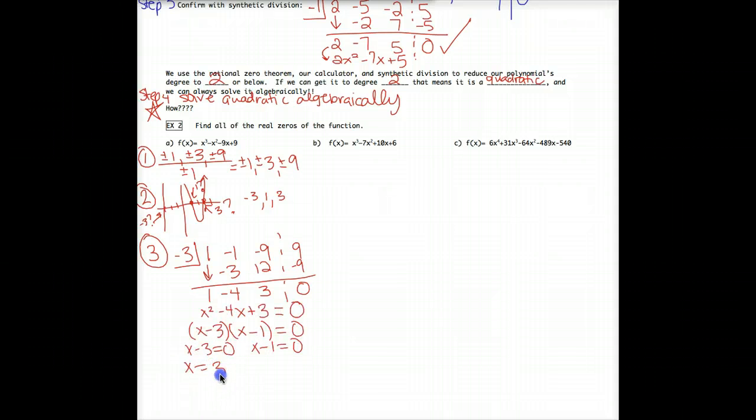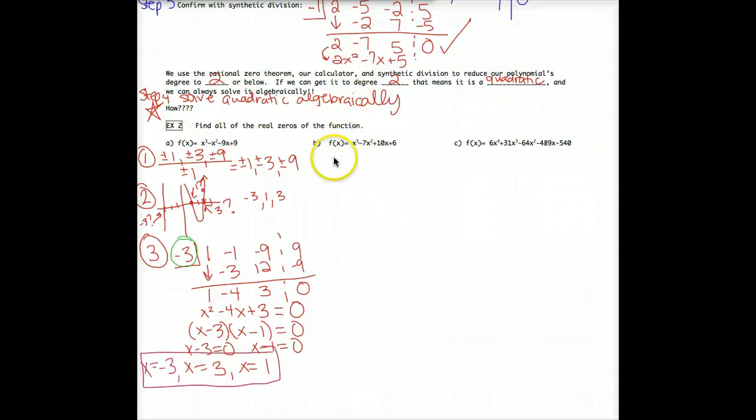So x equals 3 is a 0 and x equals 1 is a 0. When you write your final list, do not forget to write the one that you confirmed with the synthetic division. Don't leave it out. So we also have x equals negative 3. So negative 3, positive 3, and 1. We confirmed all of our suspicions here.